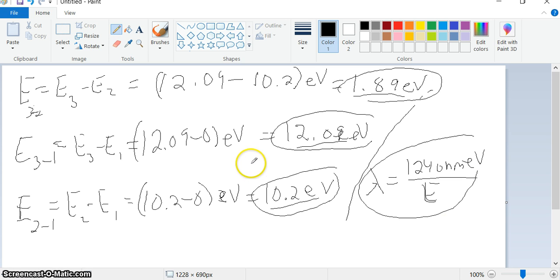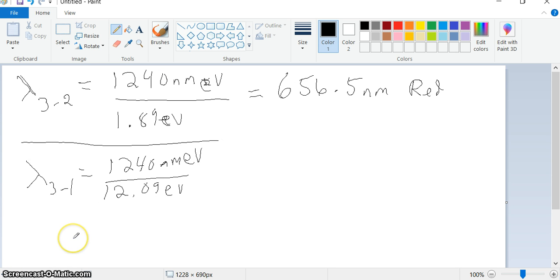This is a little bit harder problem, but we can tackle it. I've set up the first one here. The wavelength lambda when the electron goes from the n equals 3 to the n equals 2 state, that's what this subscript means.